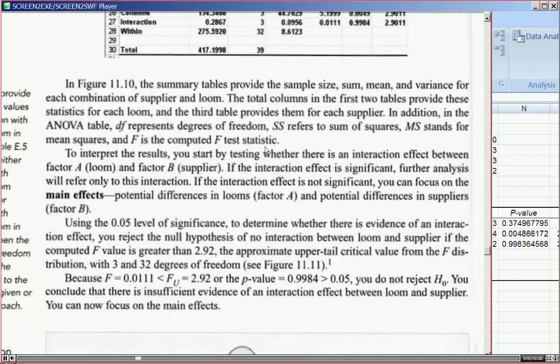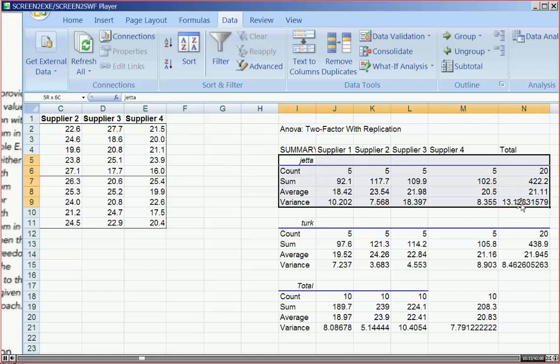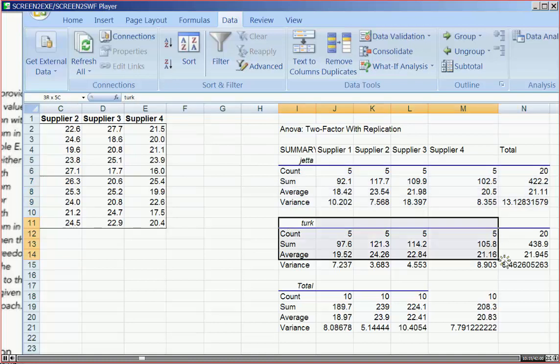The summary tables provide the sample size, sum, mean, and variance for each combination of supplier and loom. That's what we've got here. We have combinations of supplier and loom. This is combination number 1 right here. This is the other one.